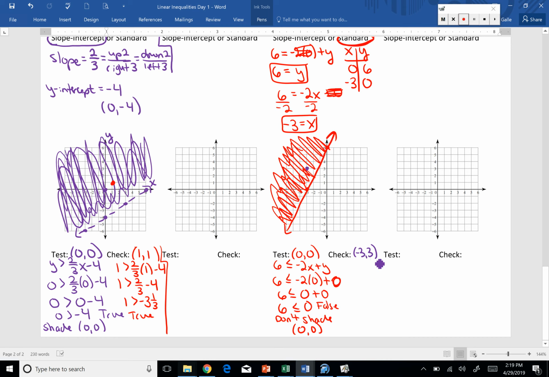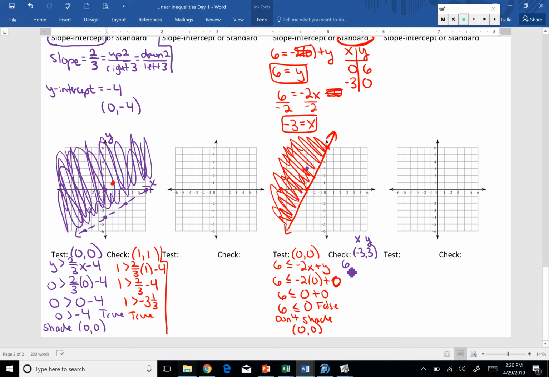I need to choose something that's in the shaded part. So I just picked -3, 3. You could have picked any ordered pair in that shaded part that you want to. We could go -4, 2, -2, 5. Any ordered pair in that shaded part. Now you might need to label x and y.